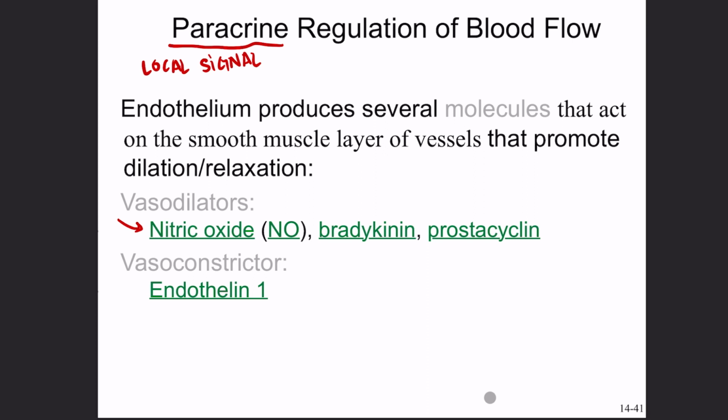Nitric oxide can be produced by the endothelium of our blood vessels, and that is going to cause vasodilation. Some other examples are bradykinin, prostacyclin. Those are all vasodilators. They're going to increase the radius of our blood vessel. Endothelin 1 is an example of a vasoconstrictor. It'll decrease the radius, which will increase the resistance.